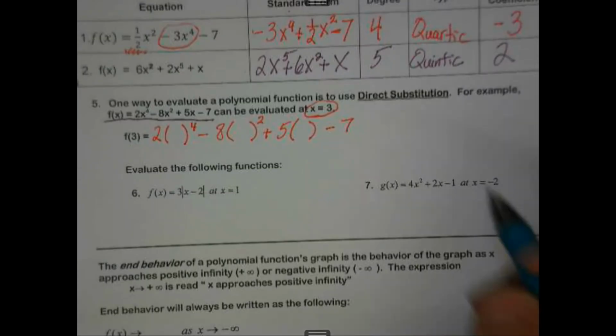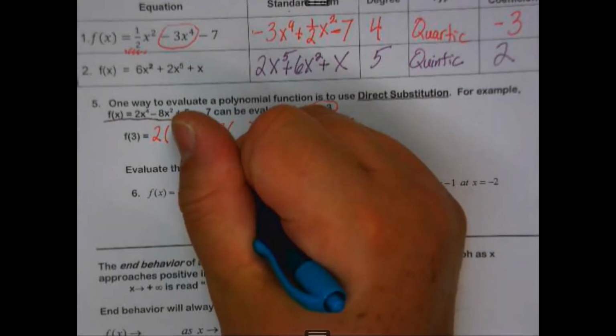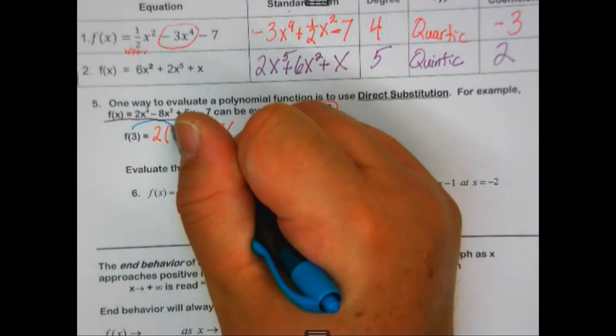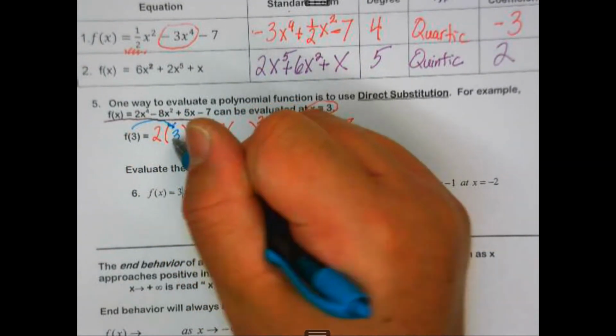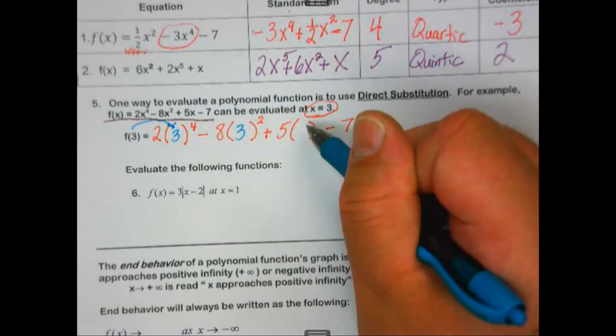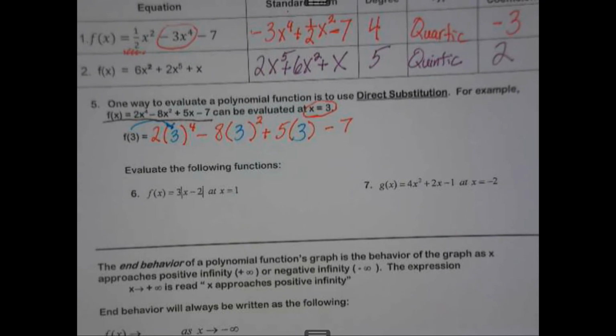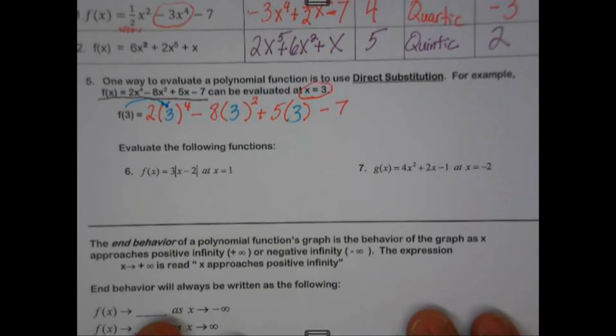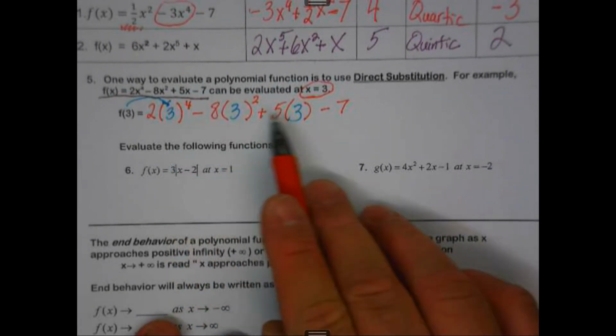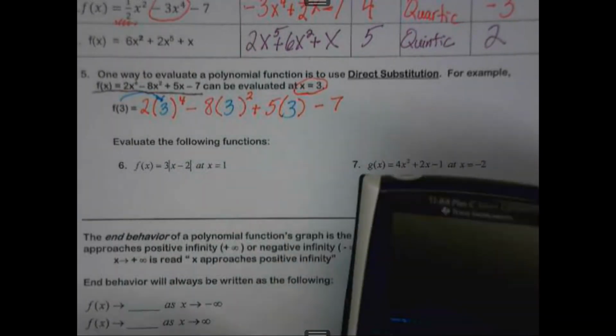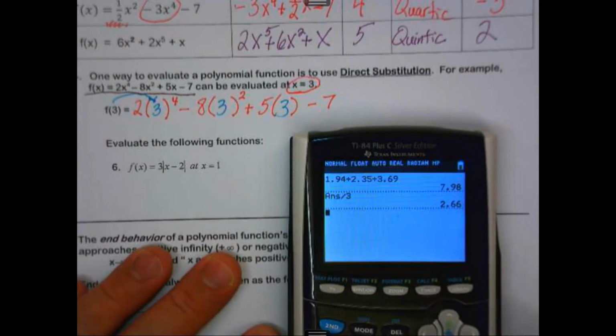Then we're going to substitute in that 3 wherever there's an x. 3, 3, 3. Then we just evaluate it. Now you can put all this in a calculator, but please be careful you don't miss the parentheses here.